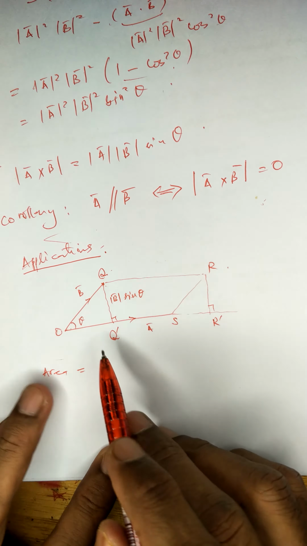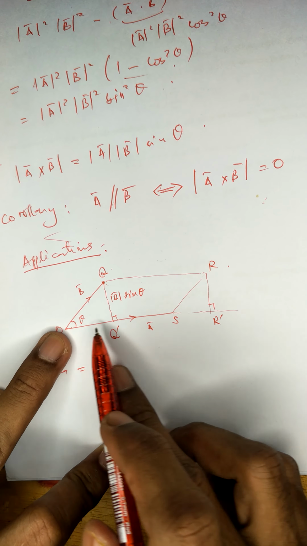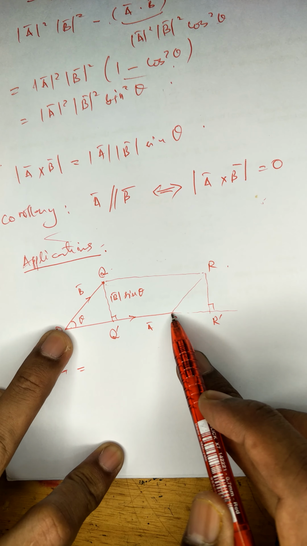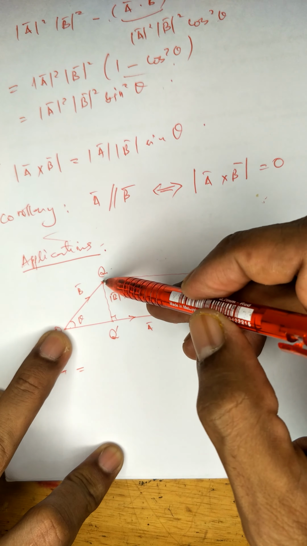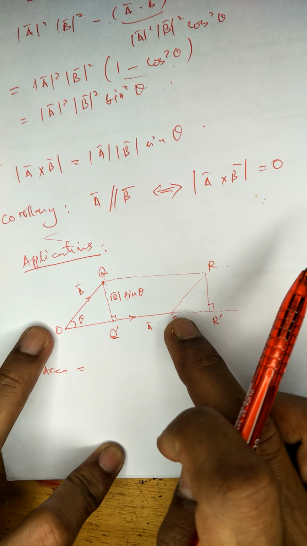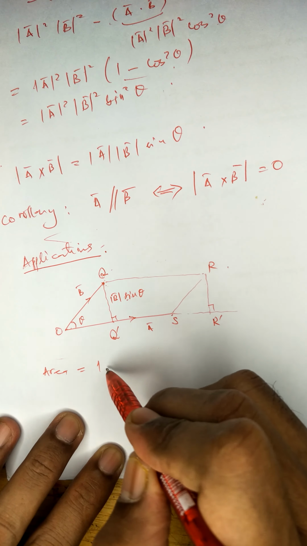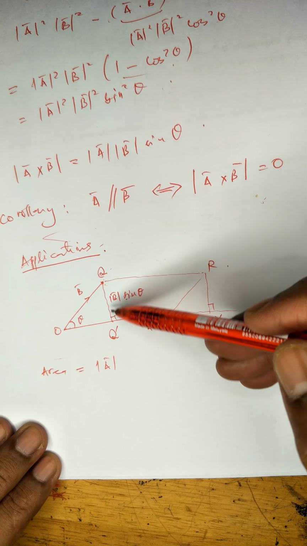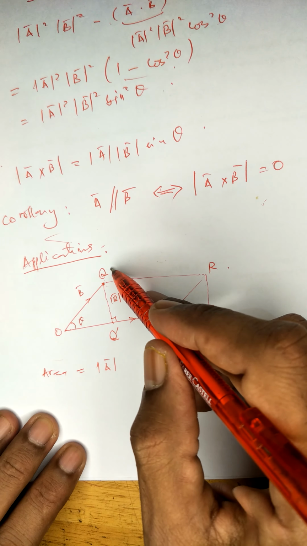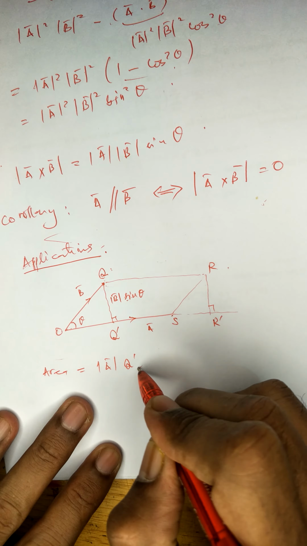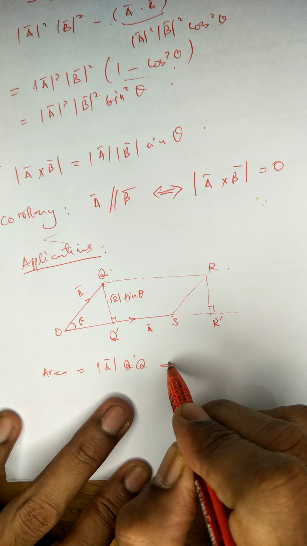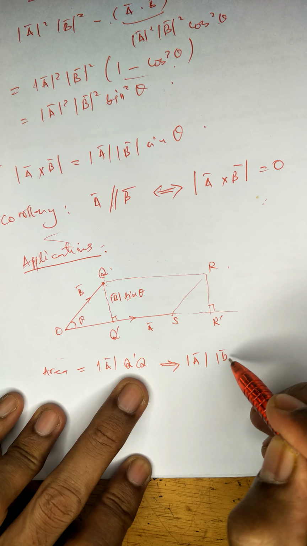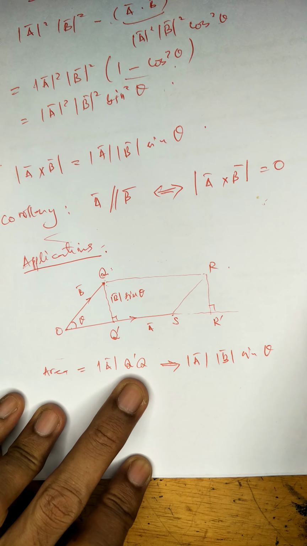The area is given by the length or magnitude of vector A multiplied by the height. The length of vector A is the magnitude of A, and the height of the parallelogram is given by Q prime Q, where Q prime Q is the magnitude of B times sine theta.